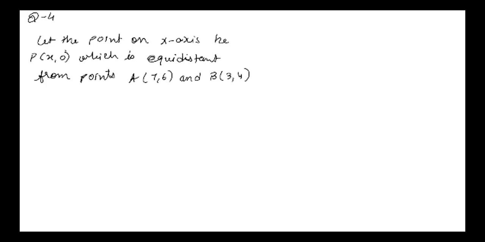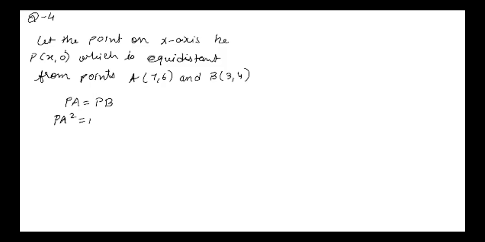So according to the given condition, distance PA will be equal to distance PB, as this point P is equidistant from point A and point B. As you can see, to find the distance between 2 points I have to take a square root, so I will start with the square.